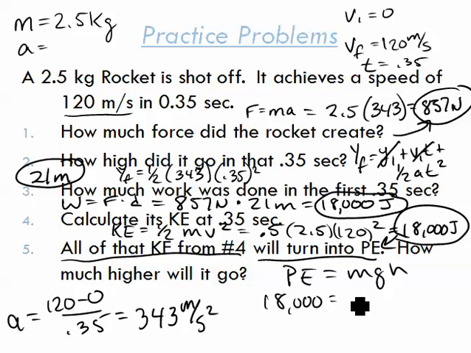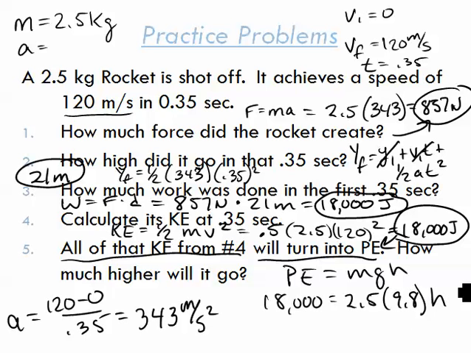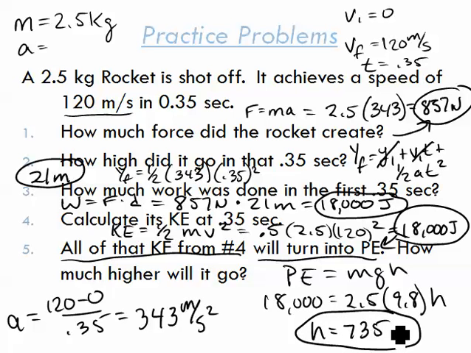The mass is 2.5. Gravity is 9.8. And we're solving for h. And we find out then that this rocket will go an additional 735 meters. That's not its total height. That is how much higher it's going to go once the engine is burned out.